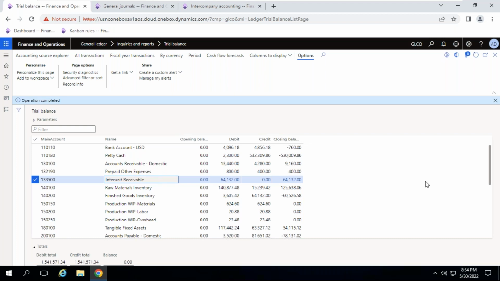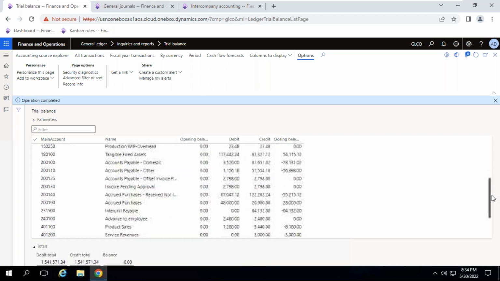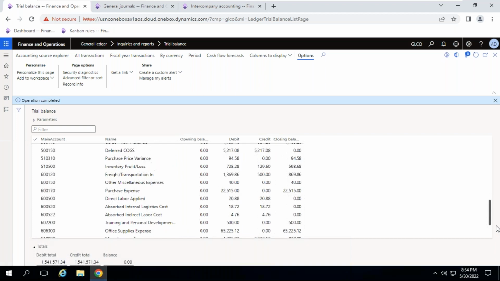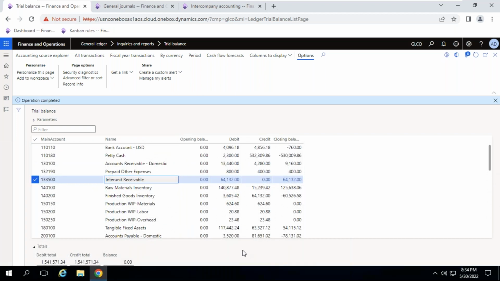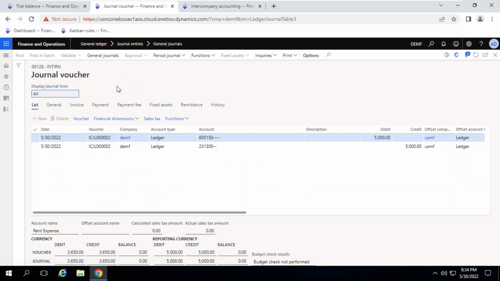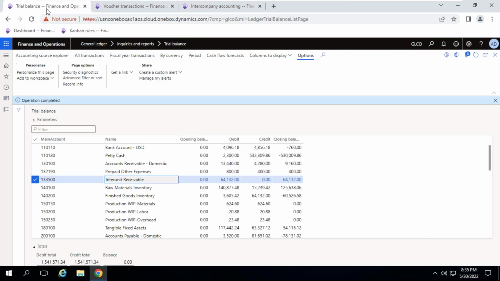Actually, no, that is not the account. Yes, inter-unit payable. Okay, tomorrow I will show you. I don't want to make you hurry. Whatever was posted to temporary accounts, the voucher, if you look at this one, 231,300. It is payable receivable, am I right? This account is not required. This account balance should not be displayed in the trial balance.